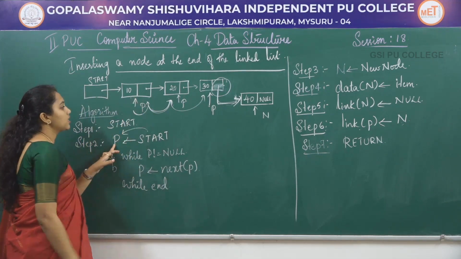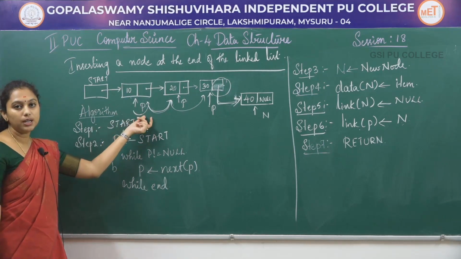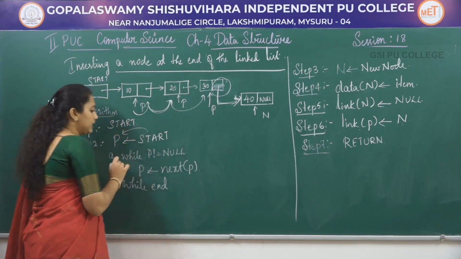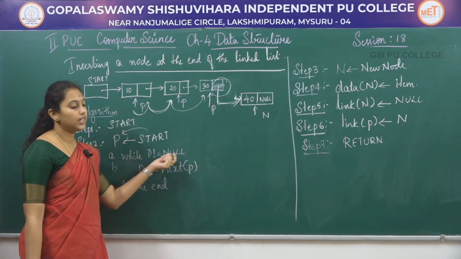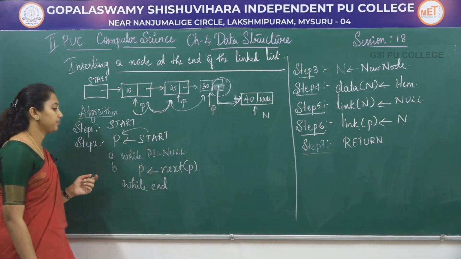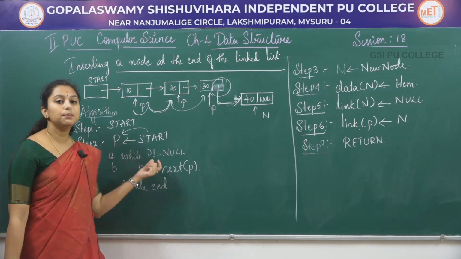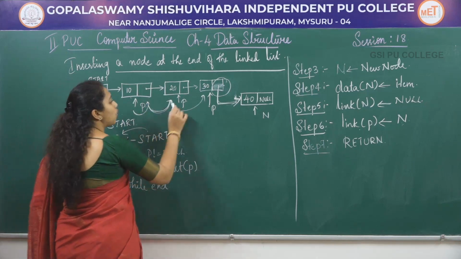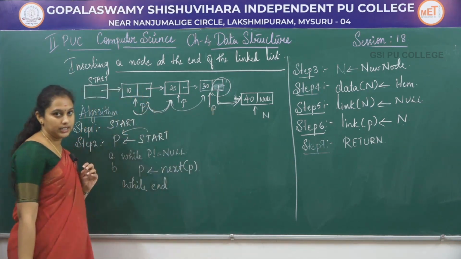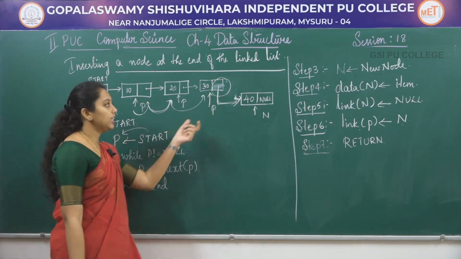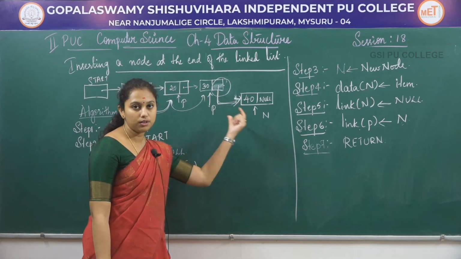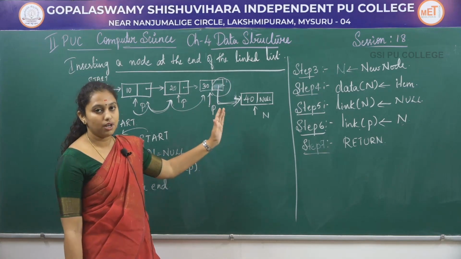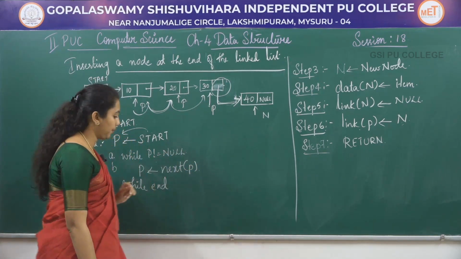So consider this node as a pointer P. Here we are going to check until the link part of the node gets null. Until the link part of the node gets null, we are going to traverse all the nodes in the linked list. When we get the null in the link part of the node, we are going to consider it as the last node of the linked list and we are going to stop traversing.